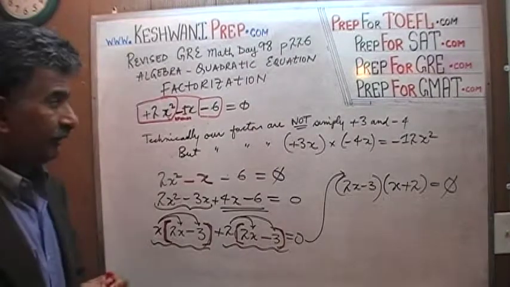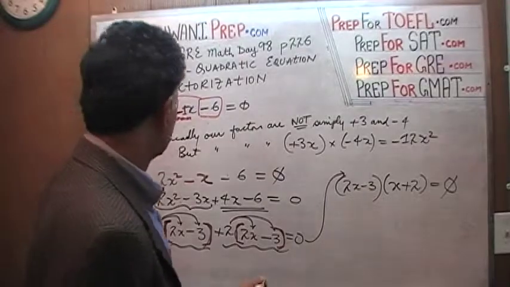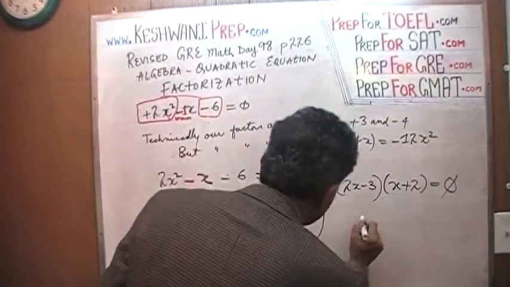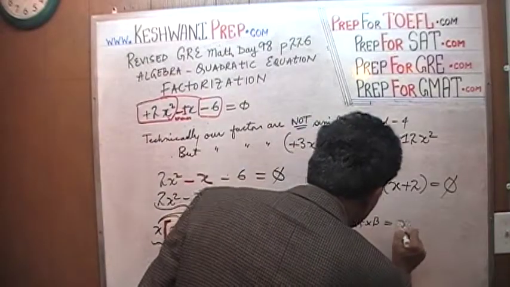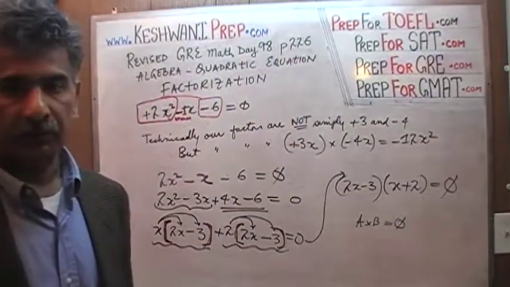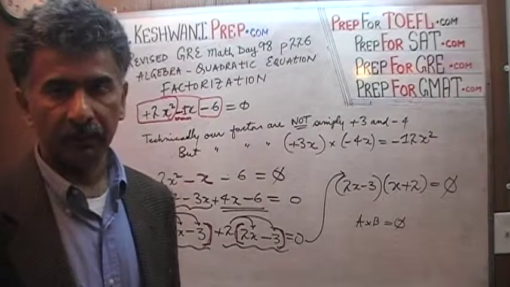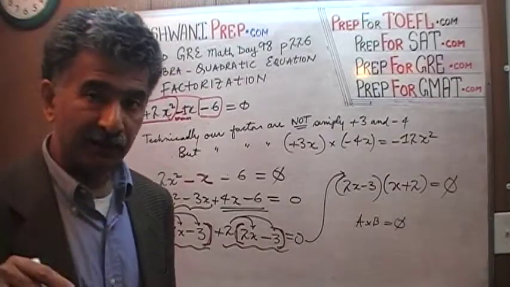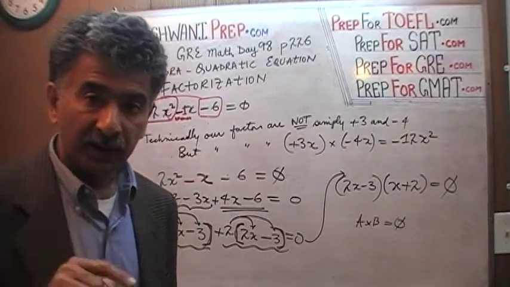So what happens if we are told that a times b equals 0? What do you surmise from that? What do you infer from that? Well, if it's some number a times some other number b, when you multiply them together you get a big fat 0.